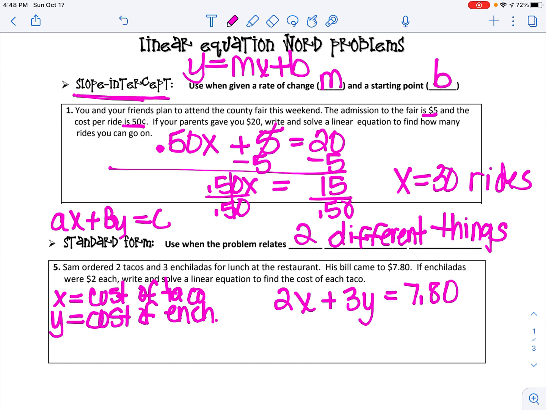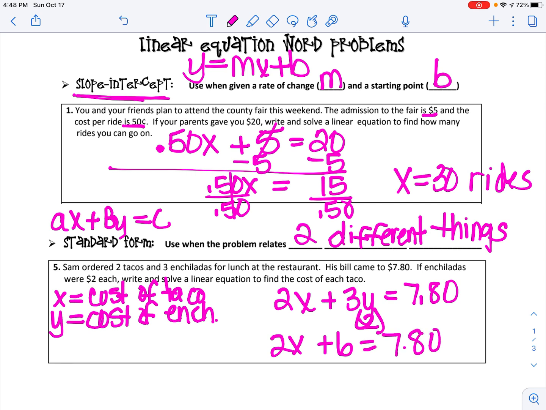So there's my equation in standard form, but I do know that enchiladas were $2 each. So if I plug in 2 for the y, 3 because I bought 3 enchiladas, so that's 3 times 2, we're going to multiply these two, which would be 6. So I have 2x plus 6 equals $7.80.